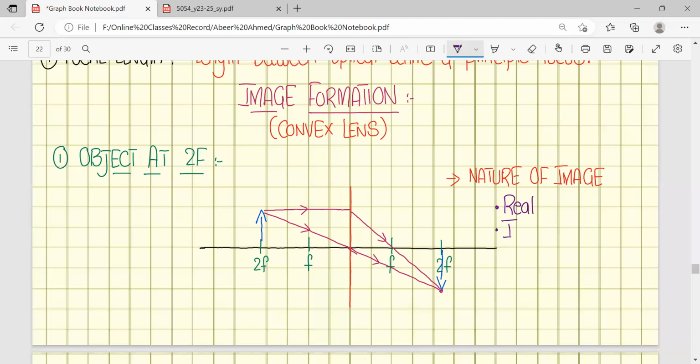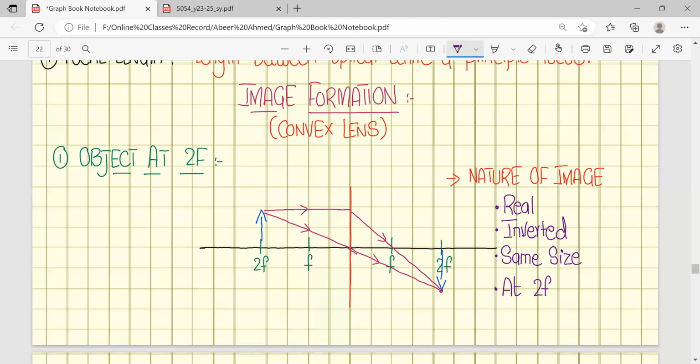Yes, inverted, very good. And what about the size of the image? Same. Yes, same size. So the image is going to be the same size as the object, right? And if we discuss the position of the image, the image is going to be formed at 2f, right?